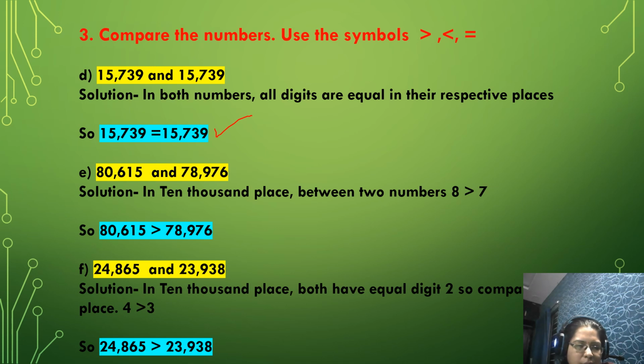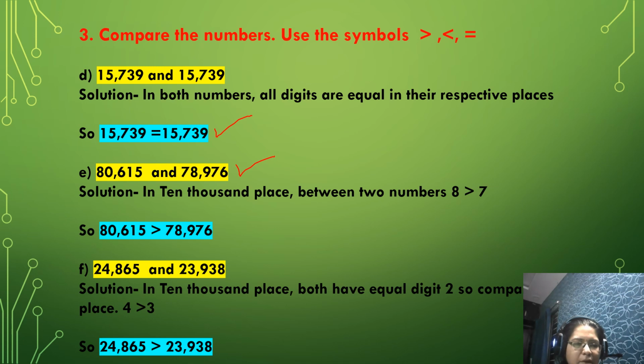Now we have to solve the next one: 80,615 and 78,976. Both are 5-digit numbers, so we have to compare the digits in their respective places.